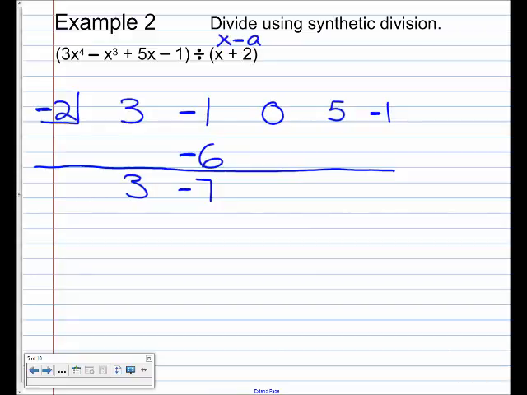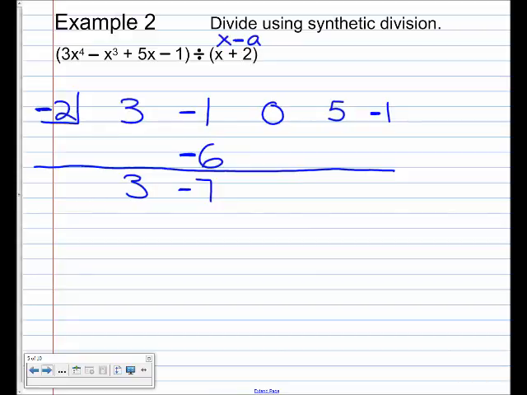Negative 1 plus negative 6 is negative 7. It's always going to be addition straight down. We're going to repeat the process. I'm just waiting for everyone to be ready. Okay, excellent. So I'm going to repeat the process.